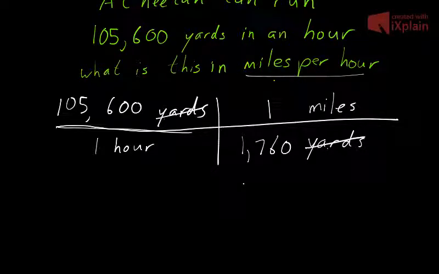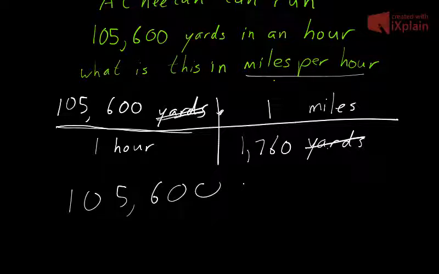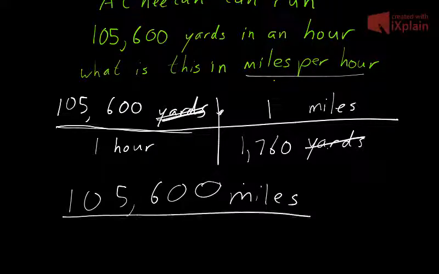So 105,600 yards times 1 mile is going to be 105,600. We don't have yards anymore. Times 1 is the same thing, and that's going to be miles. On the bottom, I'm going to have 1 hour times 1,760. 1 times 1,760 is 1,760, and I've got hours.